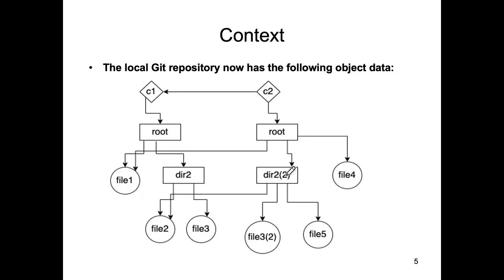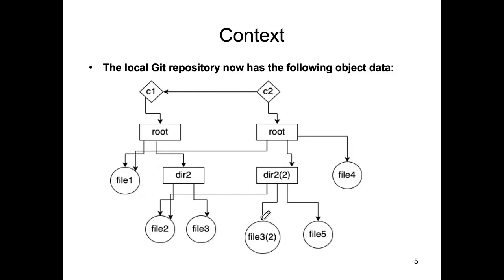This tree object is going to refer to the original file 2 blob object, because that has not changed. However, it's going to refer to a new blob object, and this new blob object is the edited version of file 3, because I said on the previous slide I made some changes to file 3. So we now have two blob objects related to file 3. We've got this one and this one.